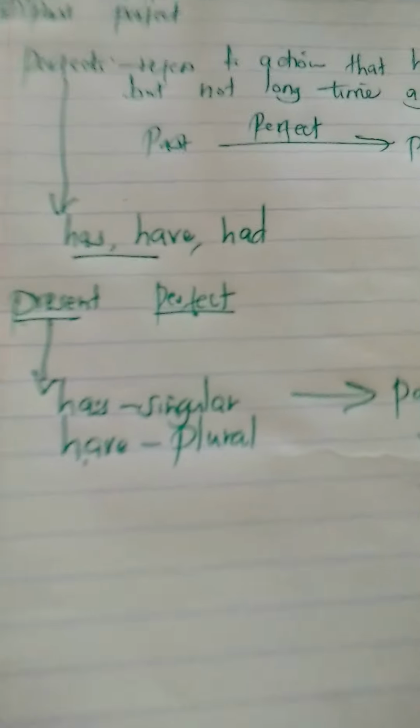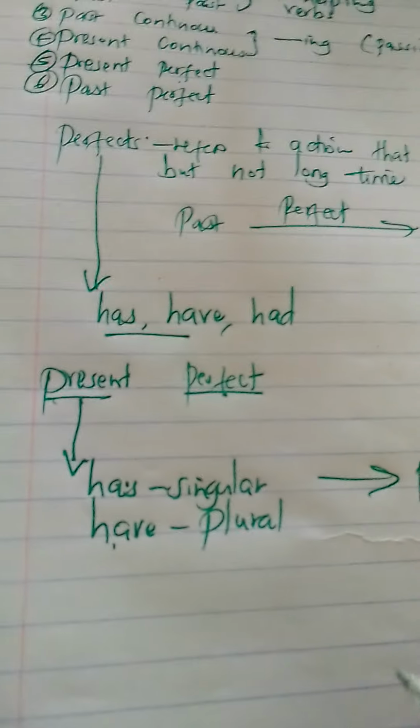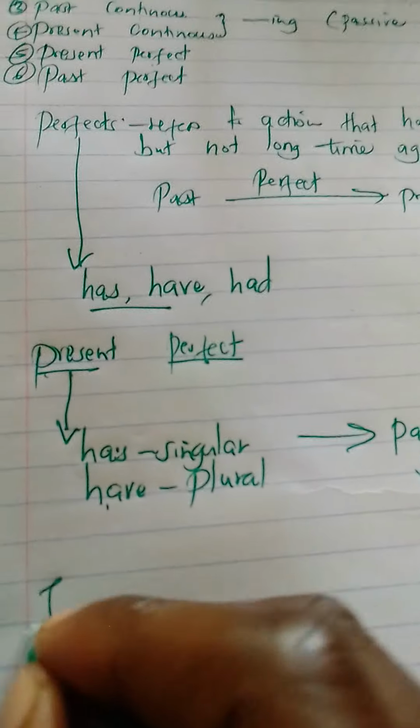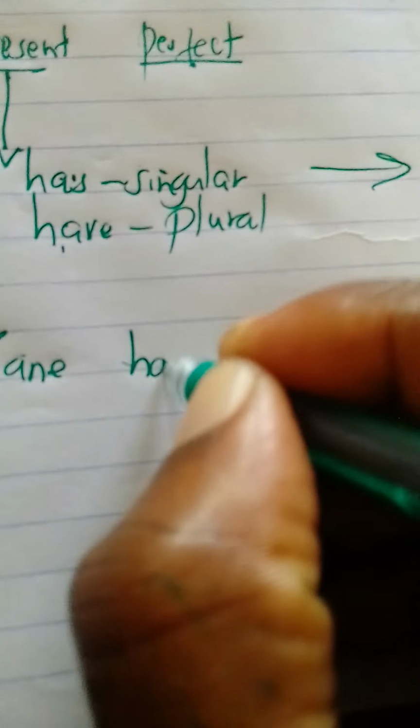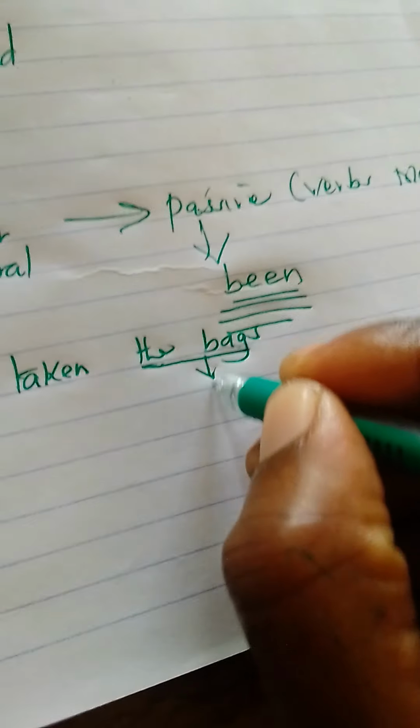Come to this one and give an example. For example, Jane has taken the bags. Remember, I had said that Jane is our subject or our doer. The bags becomes our object.